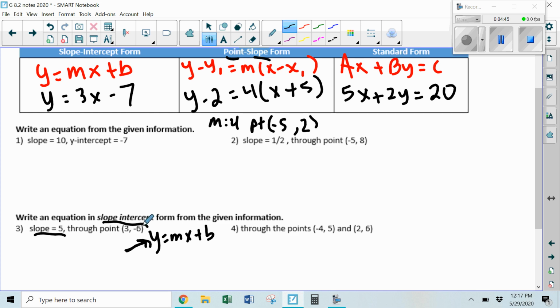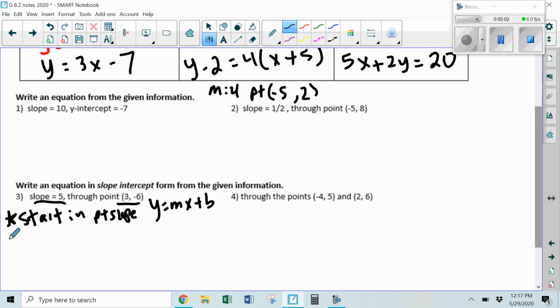So where should I start? What kind of form do I have, or what information do I have? I have a slope and a point. So we're going to start in point slope, then change to slope intercept, because we can't start with slope intercept if we don't know the intercept.